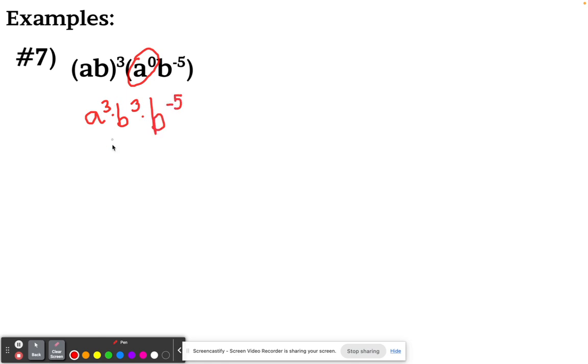Okay, since I only have the 1a, I'm going to leave a to the 3rd power. Then I have 3 and negative 5. That will leave me with b to the negative 2 power, which can go downstairs. A to the 3rd power over b to the 2nd power.